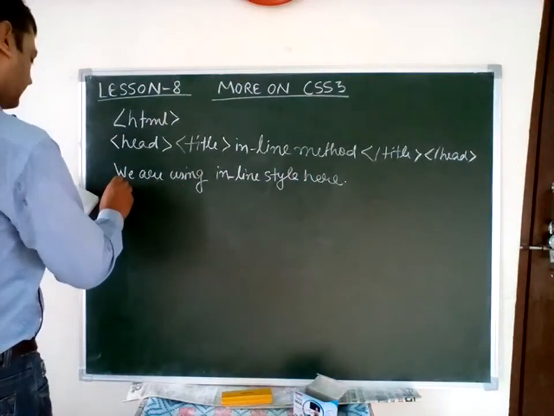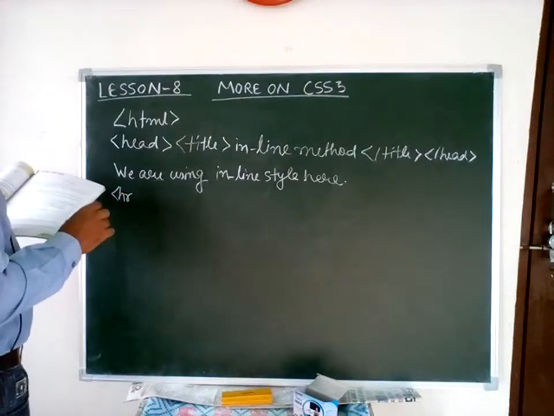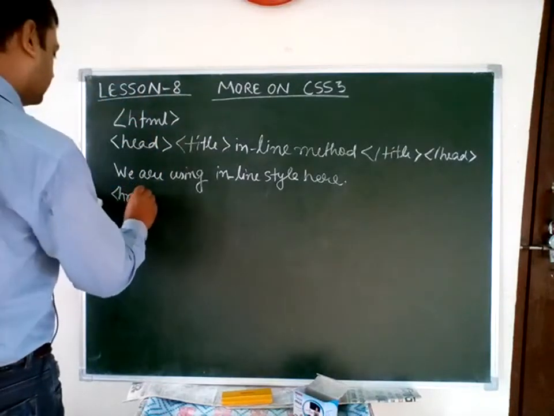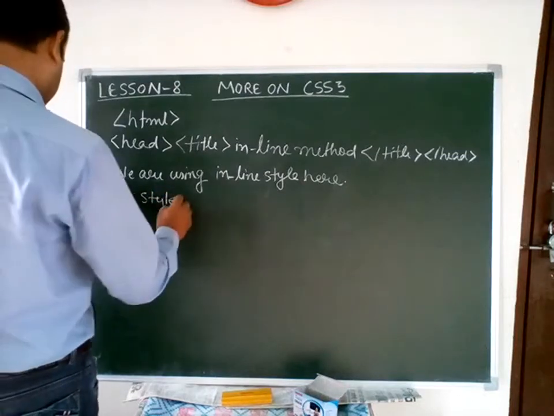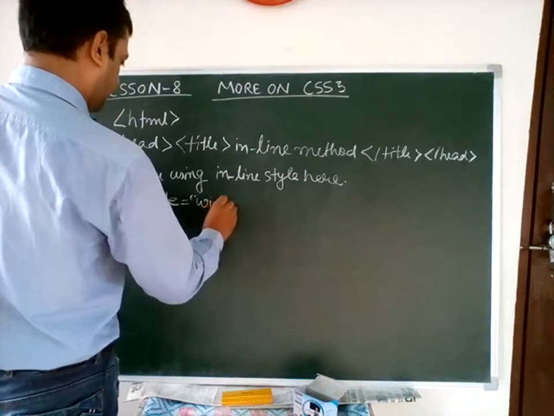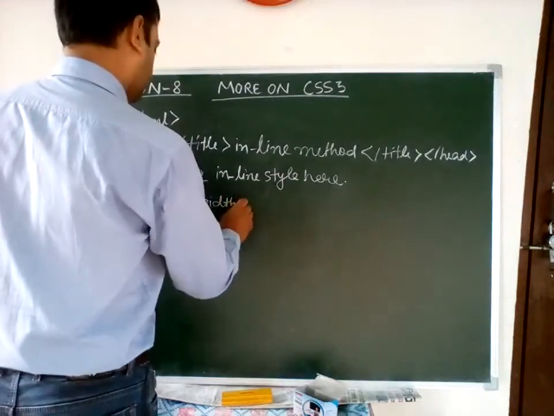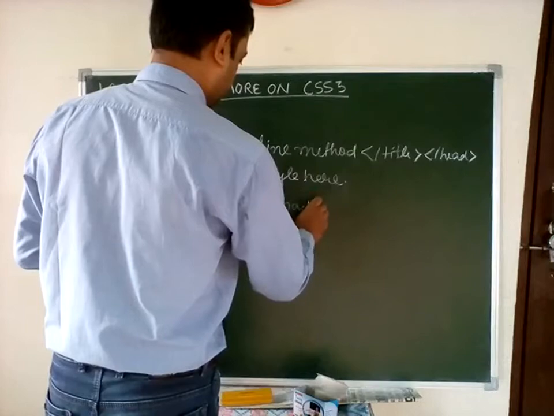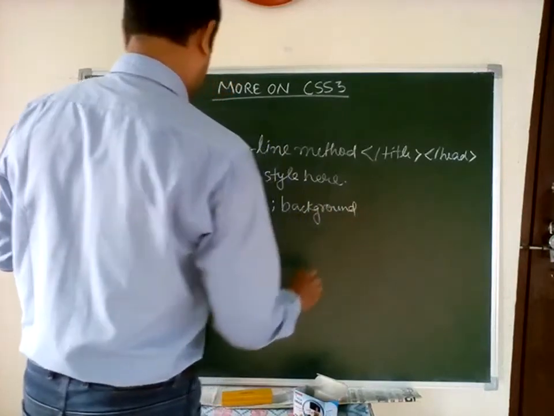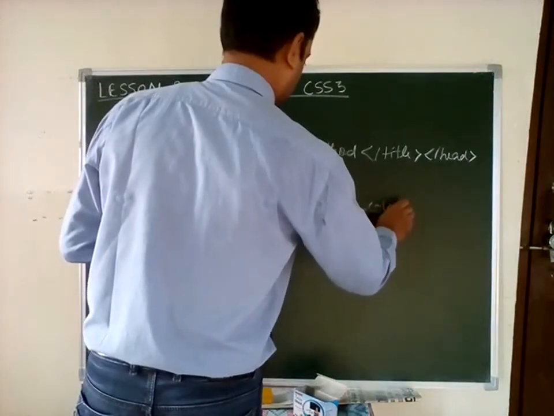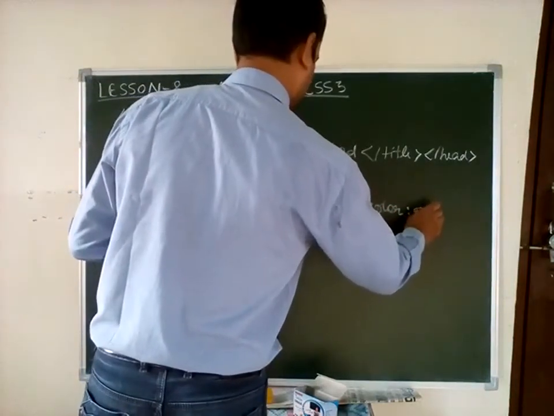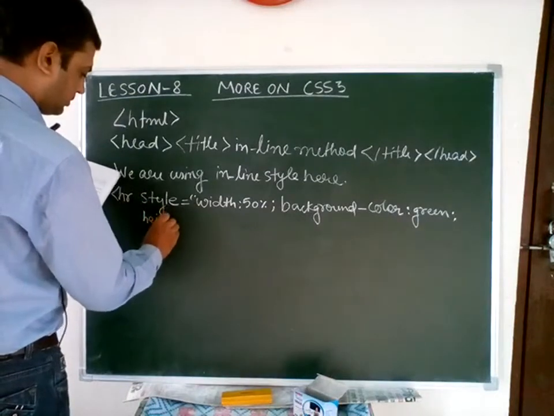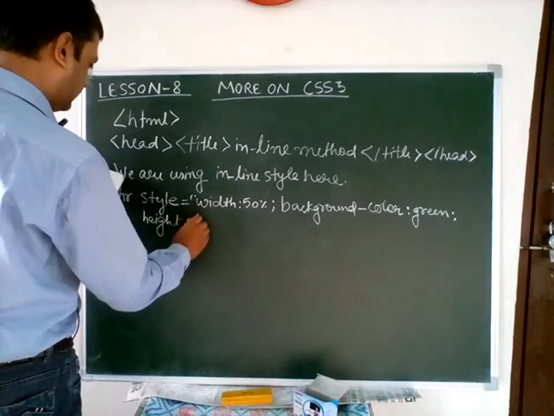Now HR, you can remember this HR is used to give a line, and in this style is equal to width colon 50%, background color is green, and then height colon 10.